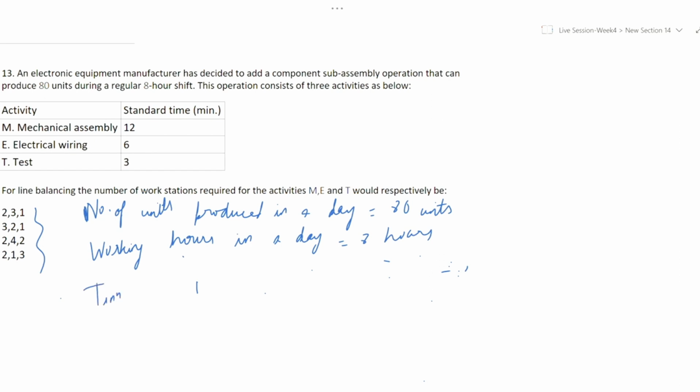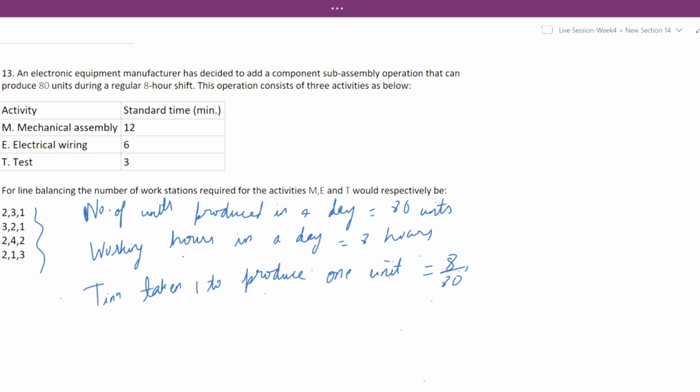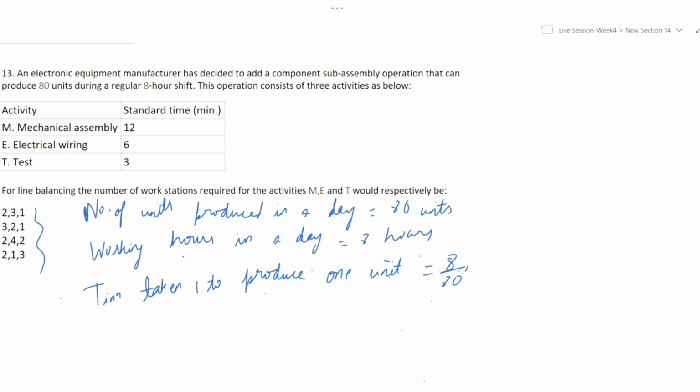Now time taken to produce 1 unit is T equal to 8 by 80 into 60, which is equal to 6 minutes.